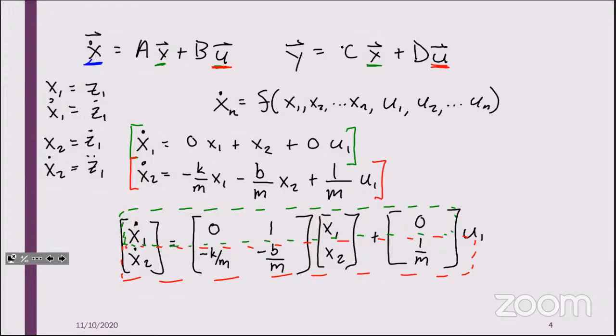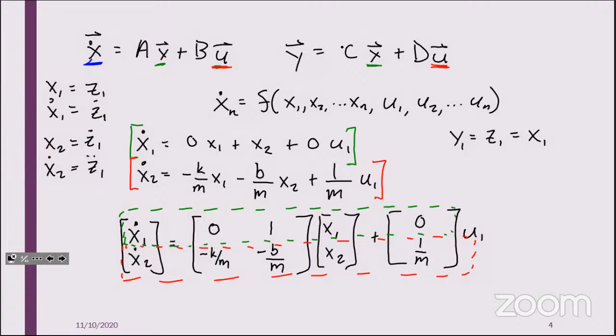So for this case, let's just assume for a second that we are interested in measuring the position. We call it Z1. Well, that's just going to be equal to x1, right? Because, again, look at our equation here: y is equal to Cx plus Du. We need everything as a function of my state variables and my input. So y is just going to be x1 here.